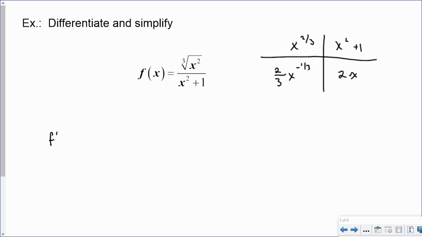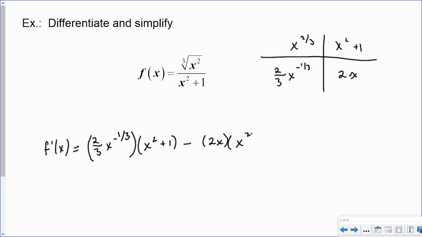So my derivative is going to be multiplied by x squared plus 1, subtract 2x, and then x to the 2/3, all over x squared plus 1 quantity squared. Don't forget that important part here.